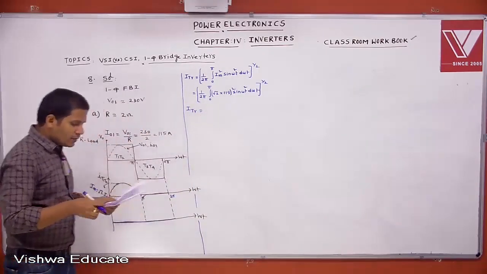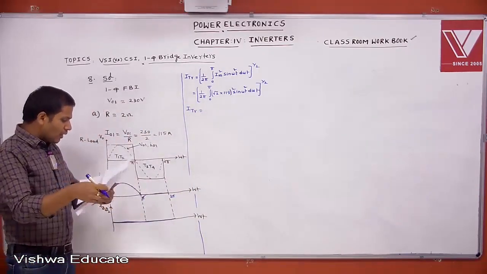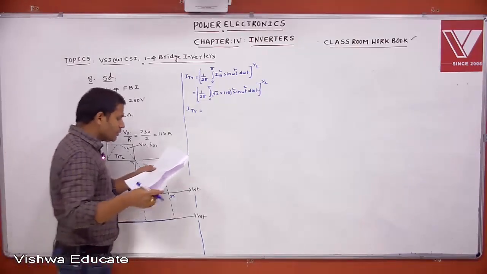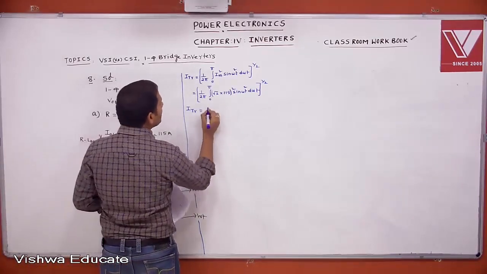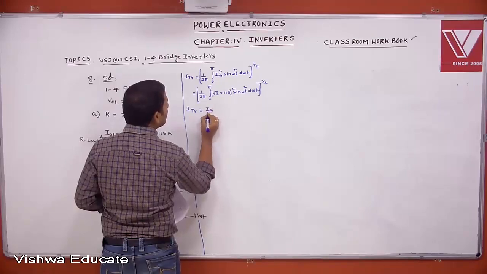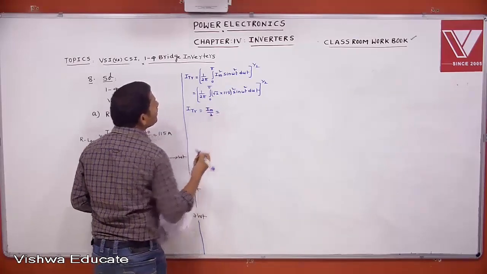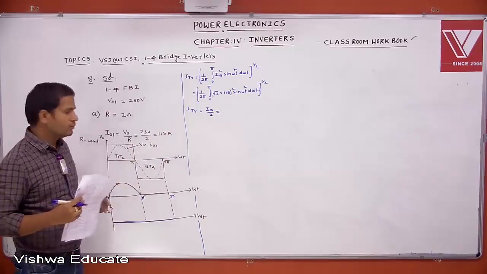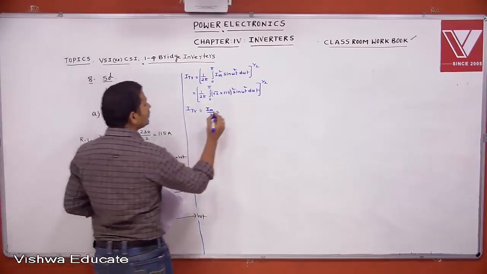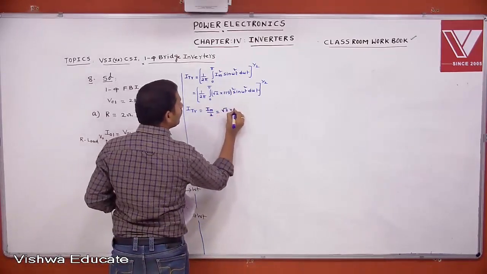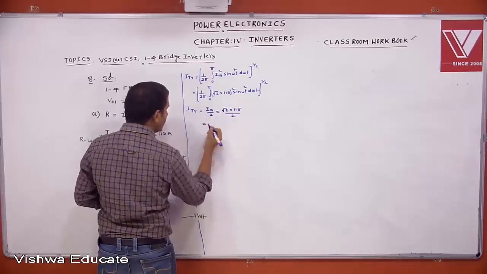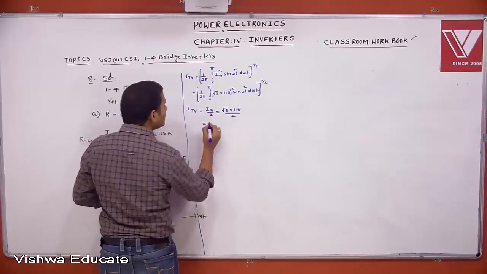We can get the value of RMS thyristor current directly equal to Im by 2, as for a half wave rectifier output. Then what is Im? Root 2 into 115 by 2. Then we get 81.33 amperes.